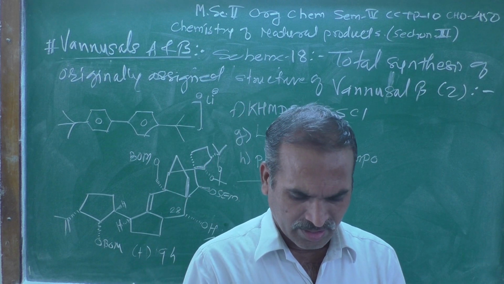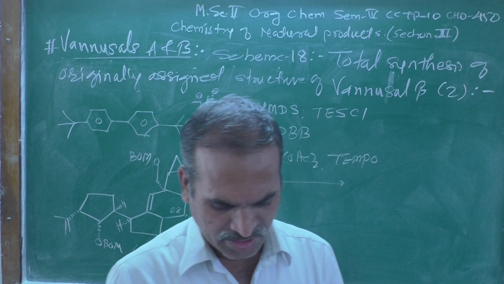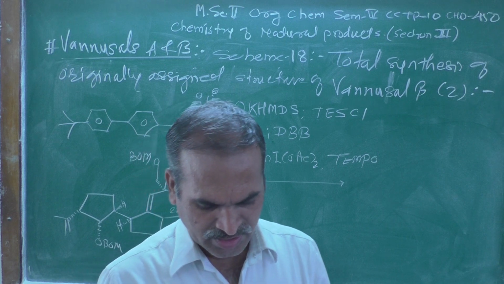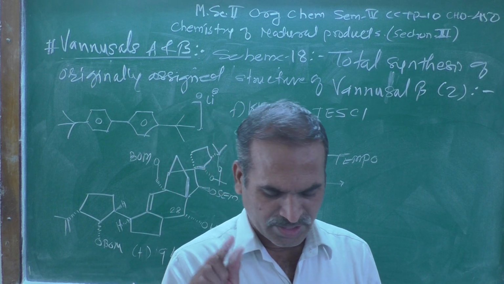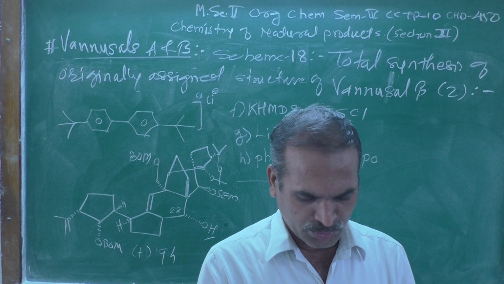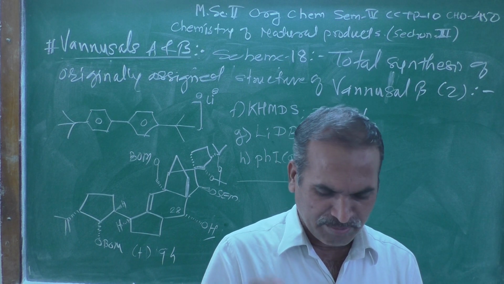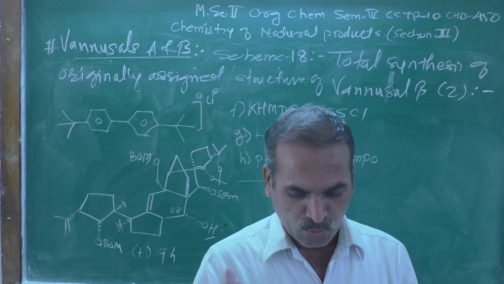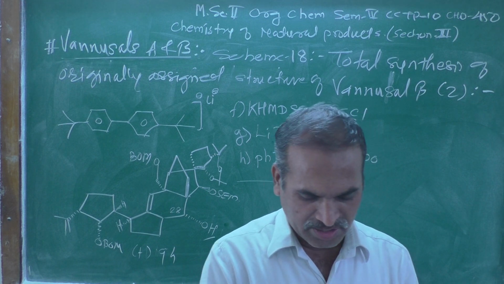The full form of TEMPO is 2,2,6,6-tetramethylpiperidine 1-oxyl radical.